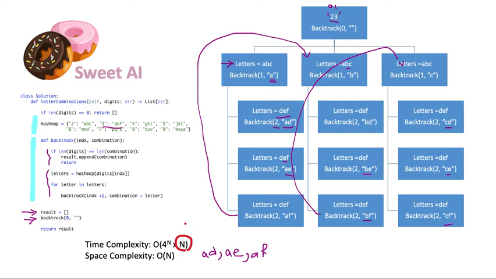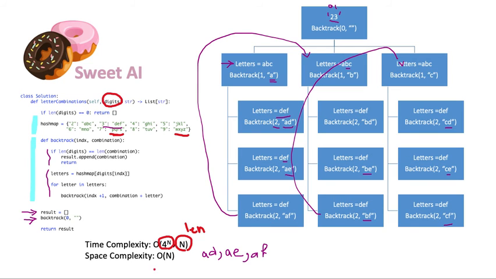Then we are going to have 4 power n combinations, and this 4 comes from the digits like 9 or 7 that have 4 letters, they represent 4 letters. So the 4 comes from this, and n comes from the length of the digits given to us.